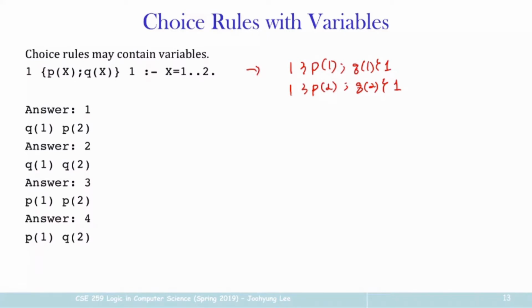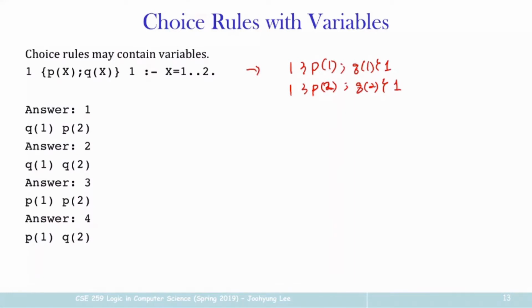It'll first replace x with 1 and generate one ground rule. And the second, x equals 2, generated.